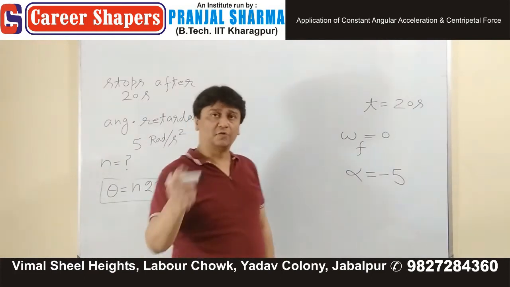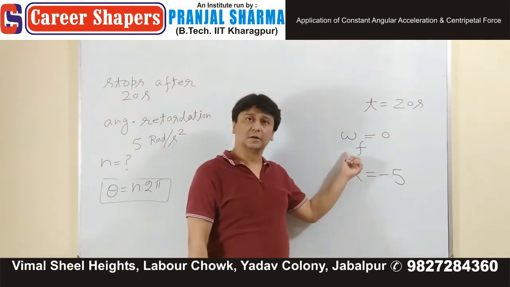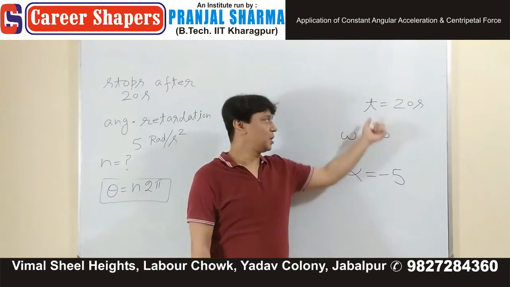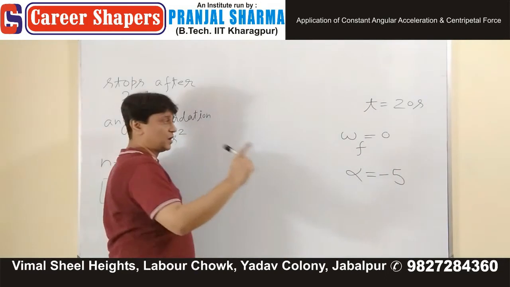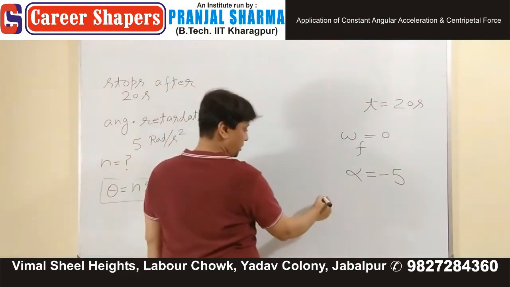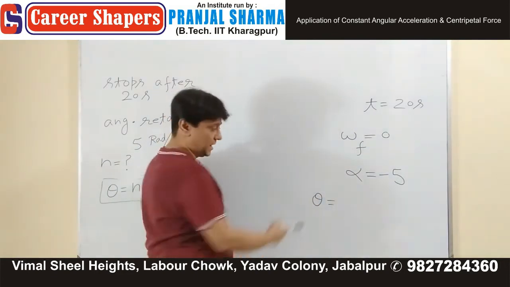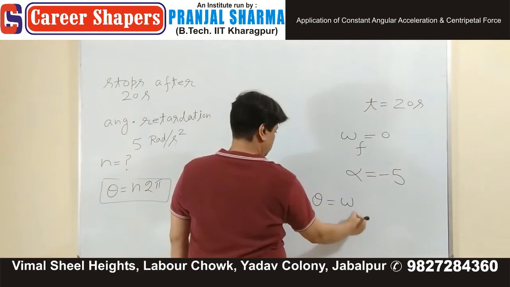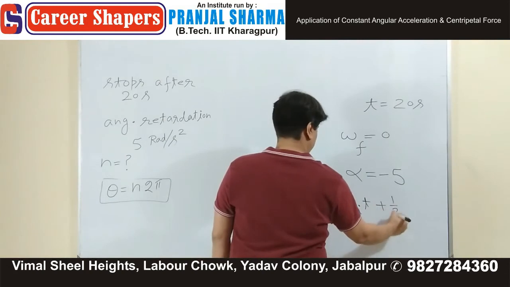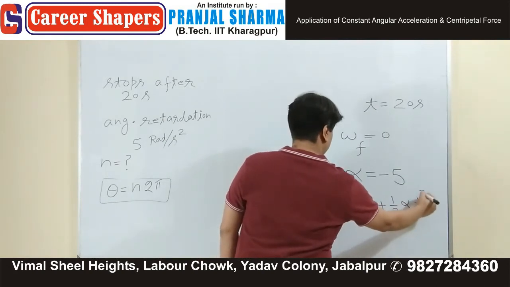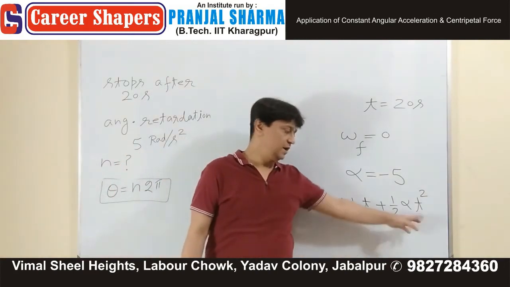So one way of answering the question will be what? You have omega final, you have alpha, you've got t. With the help of this you can find omega initial, and after that you can use this equation: s equals ut plus half at square.